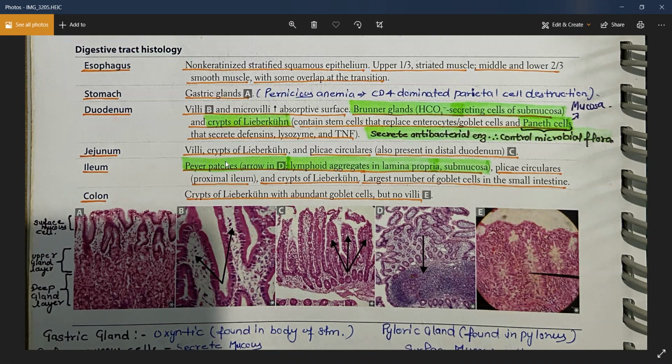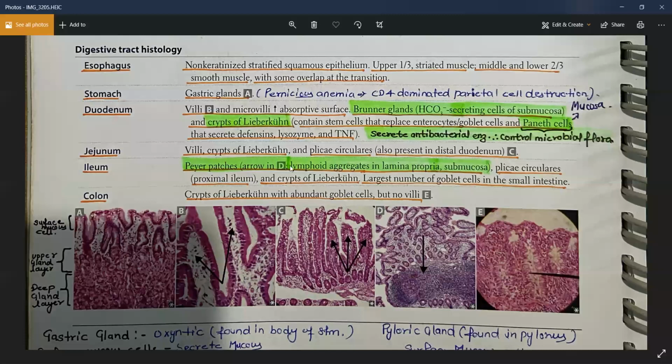Nothing much more. And then the ileum, and the identifying feature of the ileum is the presence of Peyer's patches, which are the lymphoid aggregates in the lamina propria as well as the submucosa. The major part will be in the submucosa, and because you know that the lamina propria contains the immune cells, the lymphocytes and the plasma cells, right, they must be connecting to the Peyer's patches.